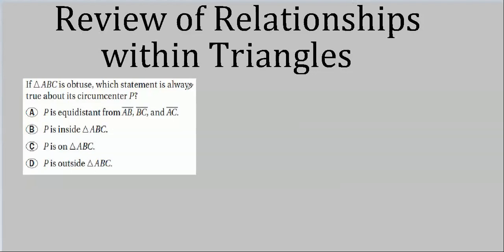Remember, the incenter, that's where the angle bisectors intersect. I hope I didn't refer to it incorrectly in a previous problem. It's not impossible. The circumcenter, that's where the perpendicular bisectors intersect. It's equidistant from the vertices of the triangle.